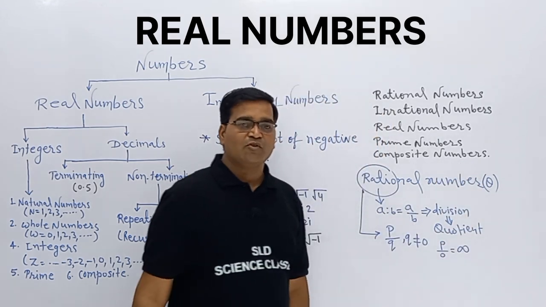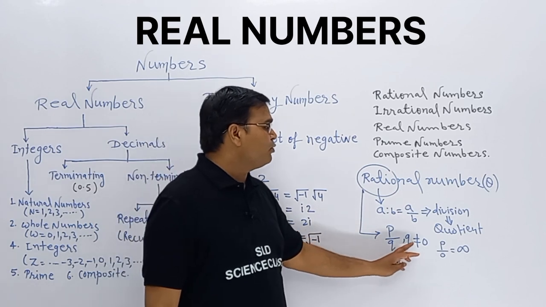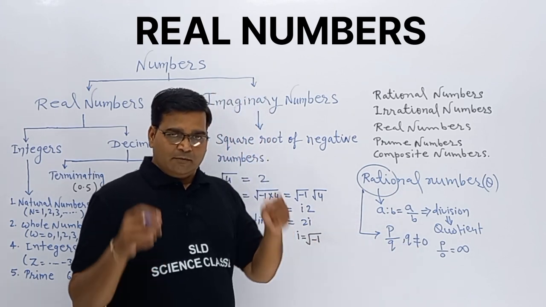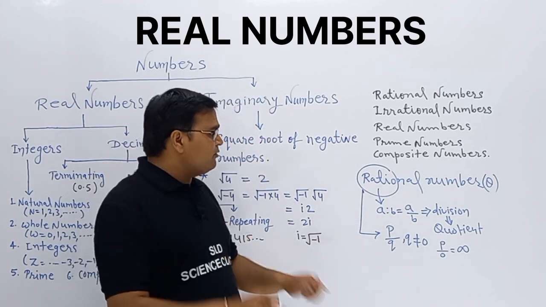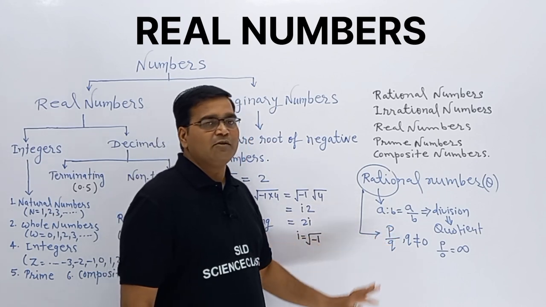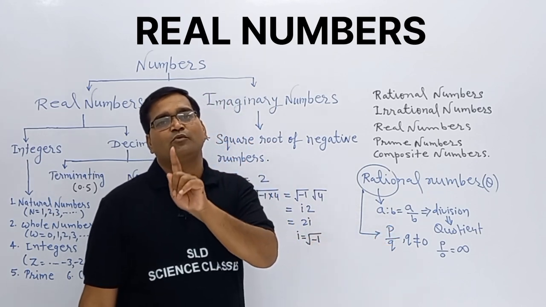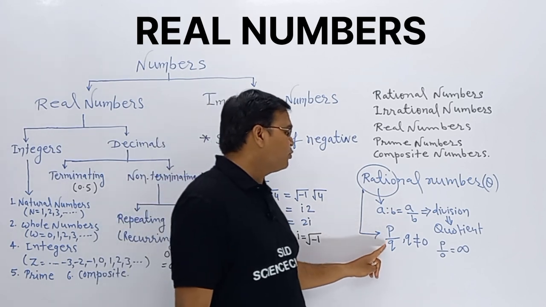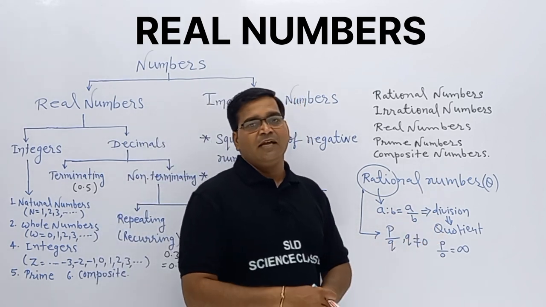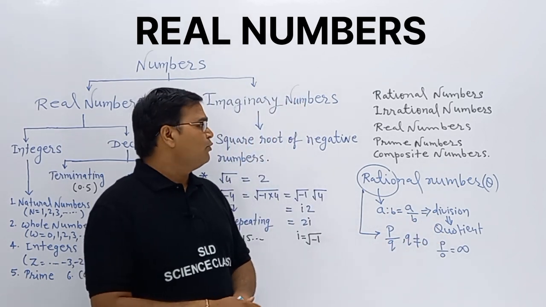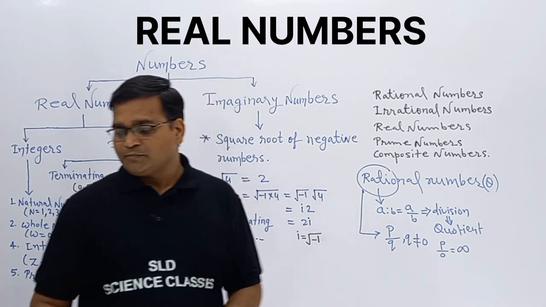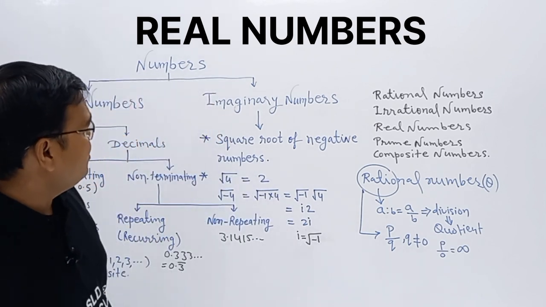So we cannot put Q equal to 0, because we get an infinity value.